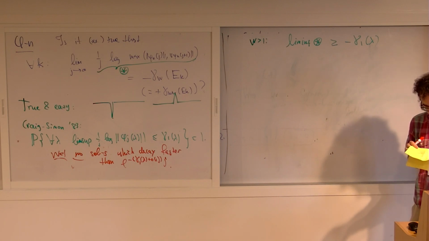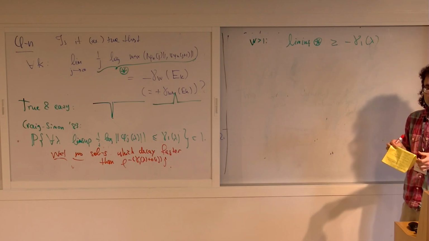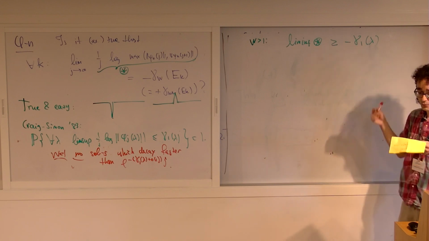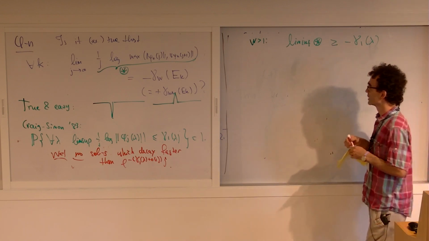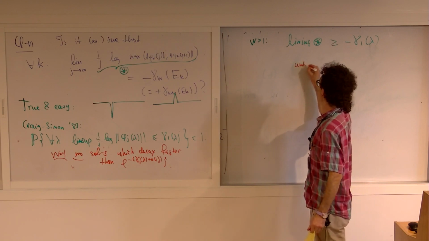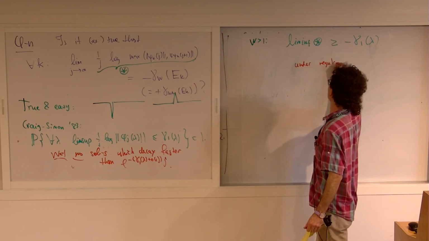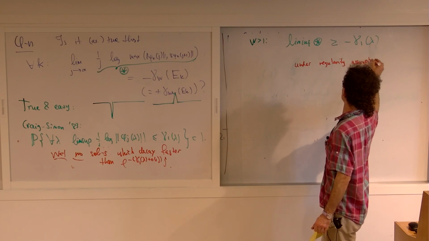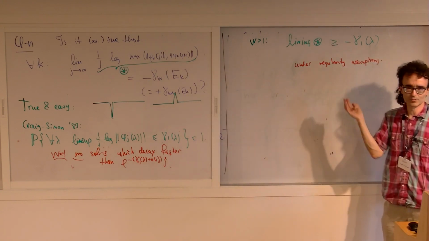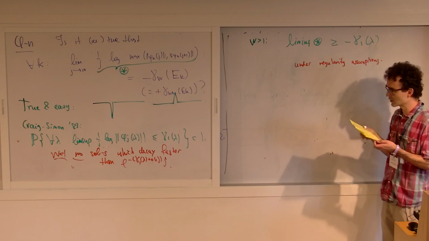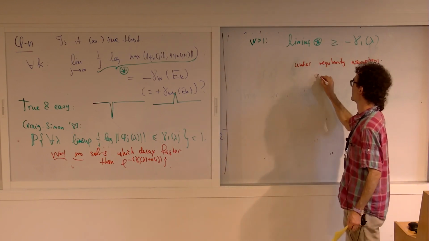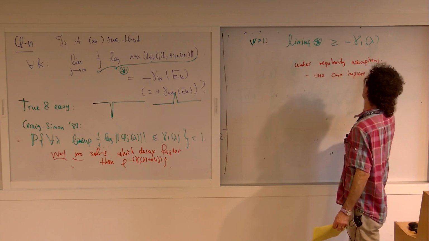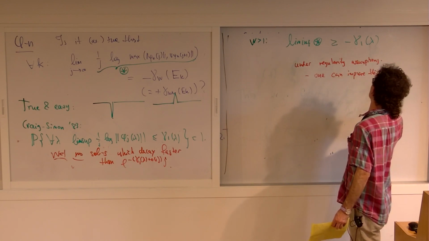I mean, in the generality of the theorem which I've stated, I think this is all that is known. Under regularity assumptions, if the distribution of the potential is nice enough and so forth, one can improve this slightly.